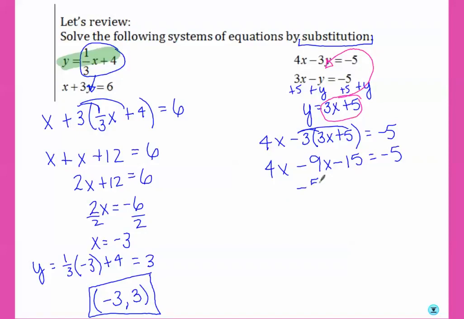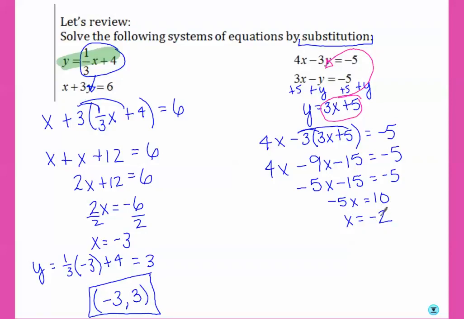Combine like terms. Now get x by itself. Add 15. Divide by -5. We get that x equals -2.